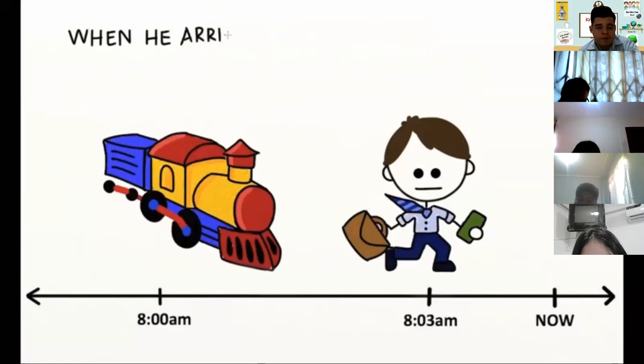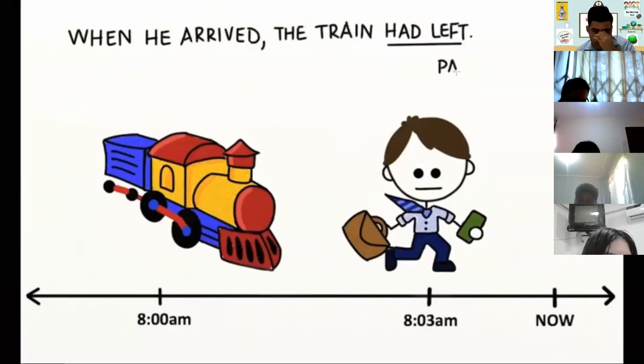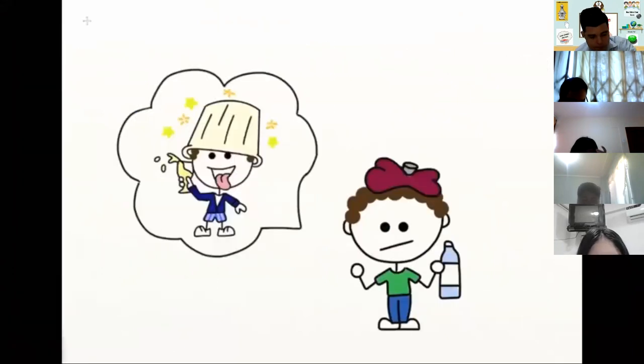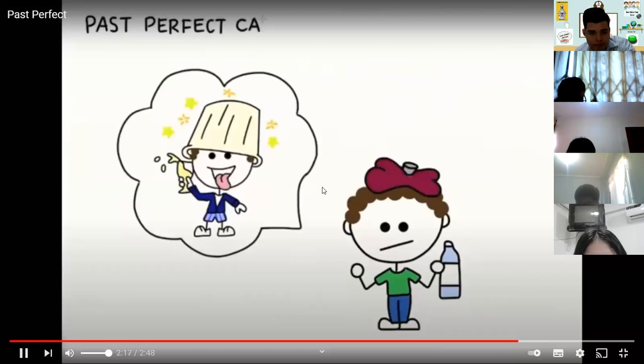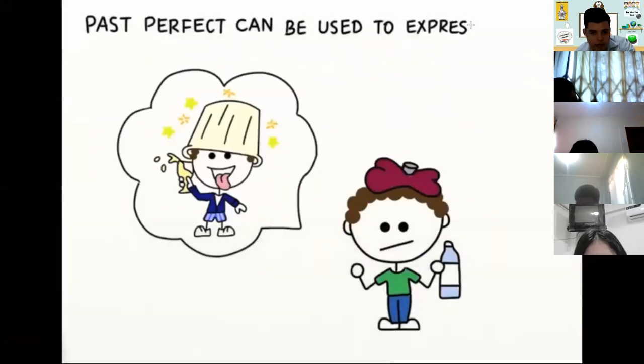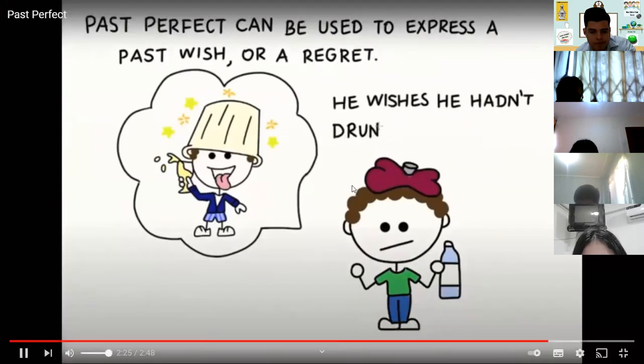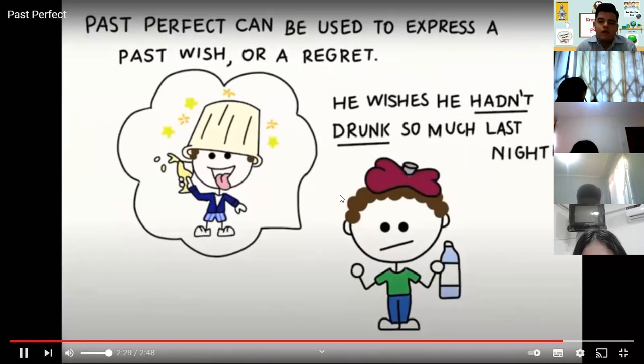But if we say, when he arrived, the train had left, this means that the train left first, and then he arrived. So, he missed the train. In addition, the past perfect can be used to express a past wish or a regret. For example, he wishes he hadn't drunk so much last night.